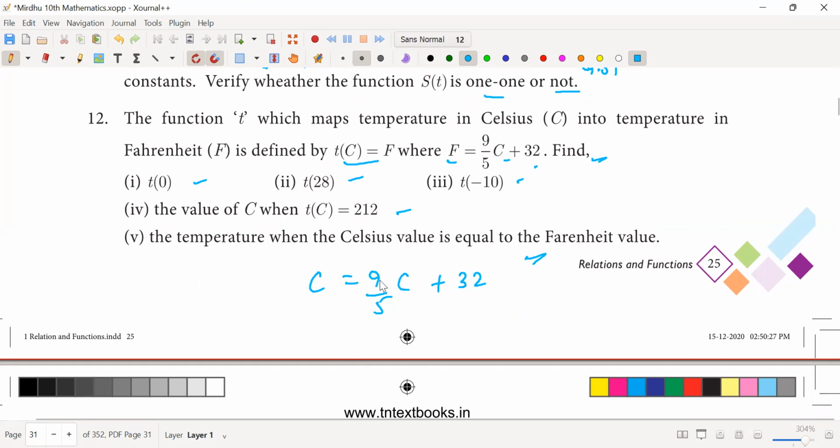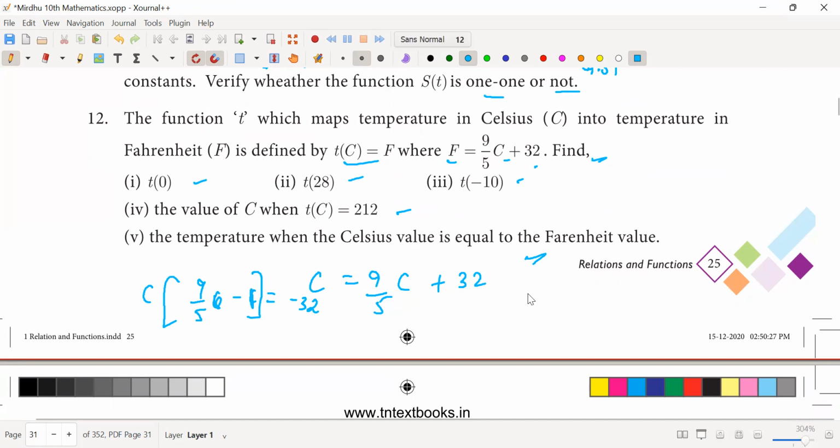So when I take the C here and 32 here, it becomes 9 by 5 C minus C equal to minus 32. So when I take C as common, it becomes 9 by 5 minus 1. So 9 minus 5 by 5, 4 by 5.